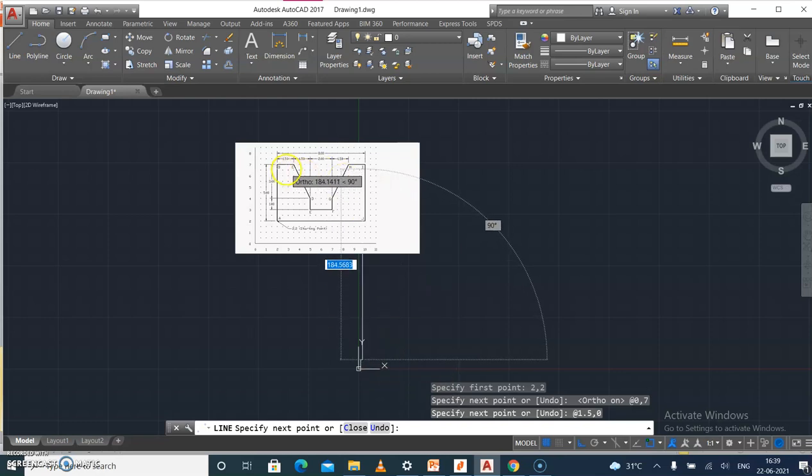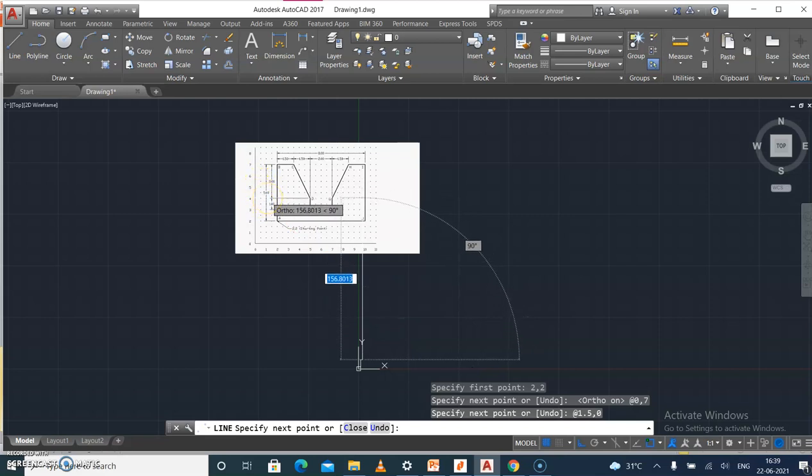Then this inclined line. The distance for that inclined line is to the D point. For specifying the D point, here 1, 2 and 3.